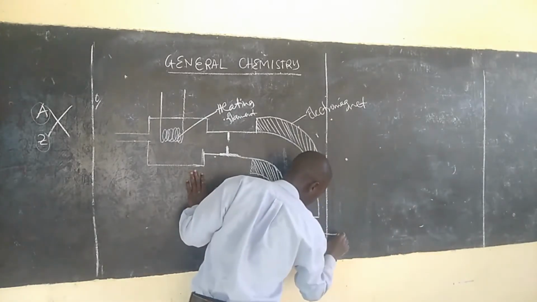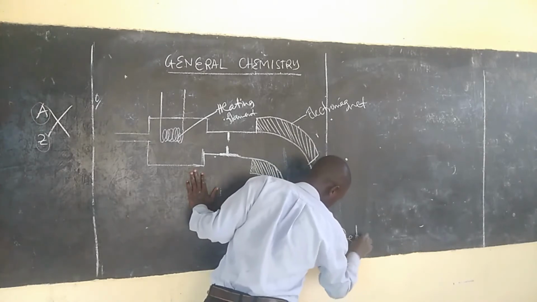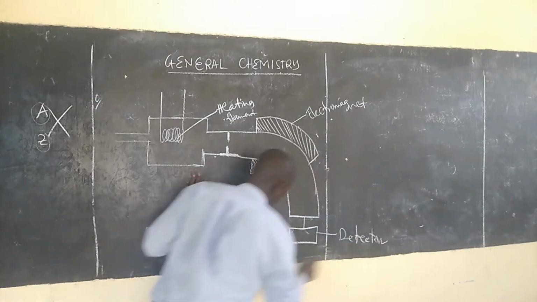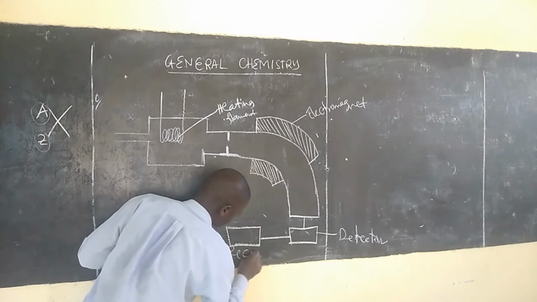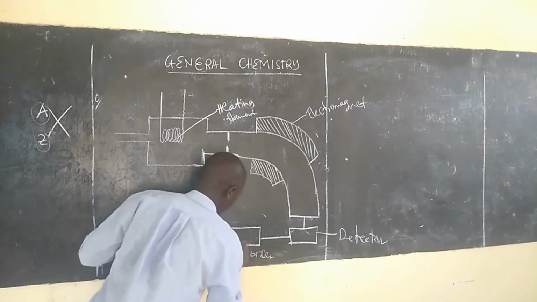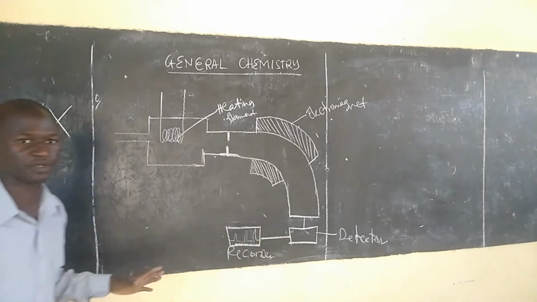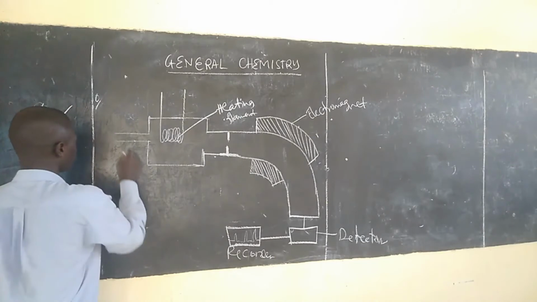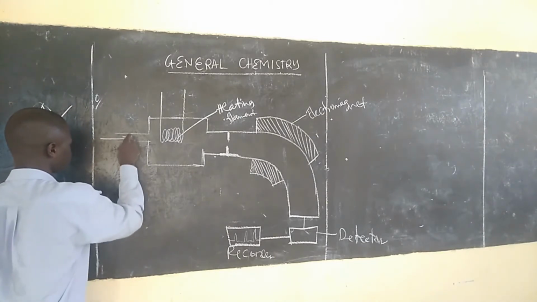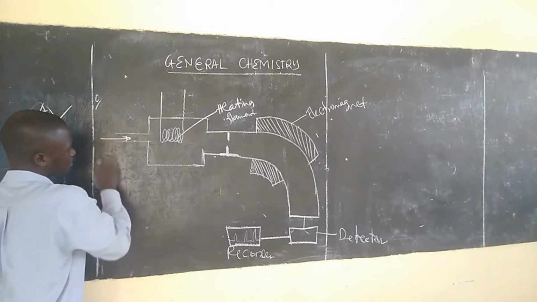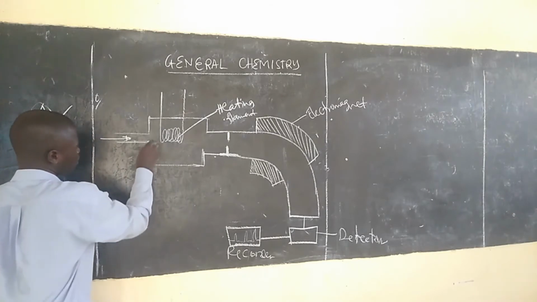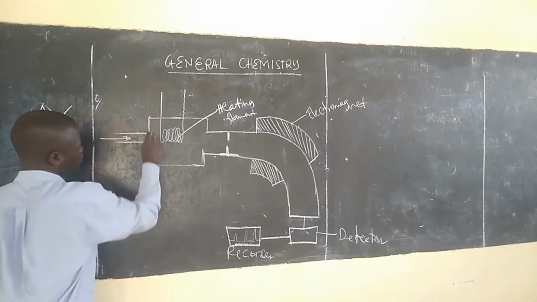Here is the detector, and here is the recorder. In the recorder here there are graphs which are drawn of different peaks representing the number of isotopes. Then here we have the route for the sample to be inserted.